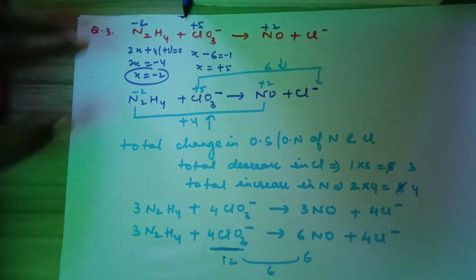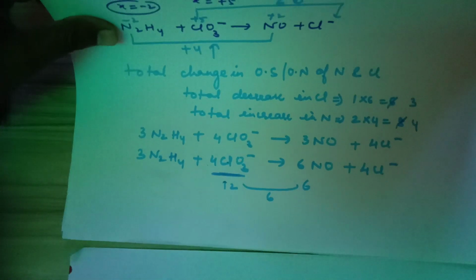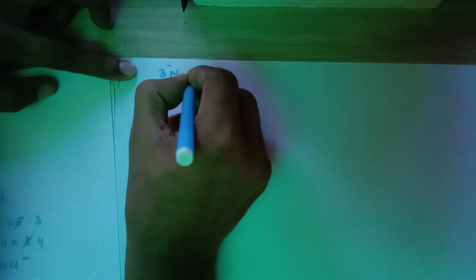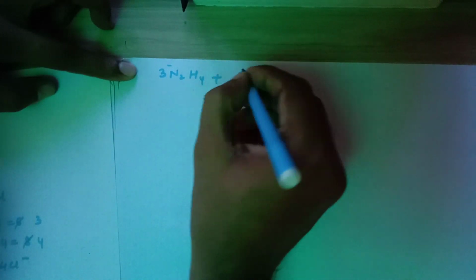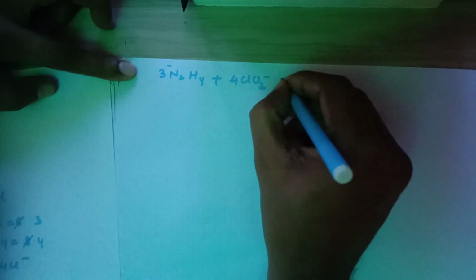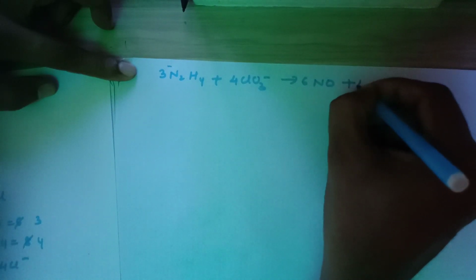So let's write the equation once again. It is 3 N2H4, 4 ClO3 minus, 6 NO, there is 4 Cl minus.